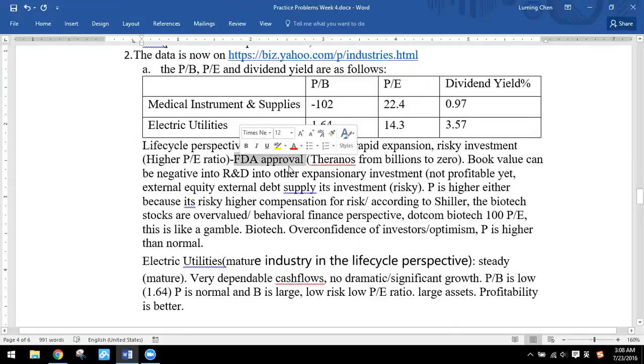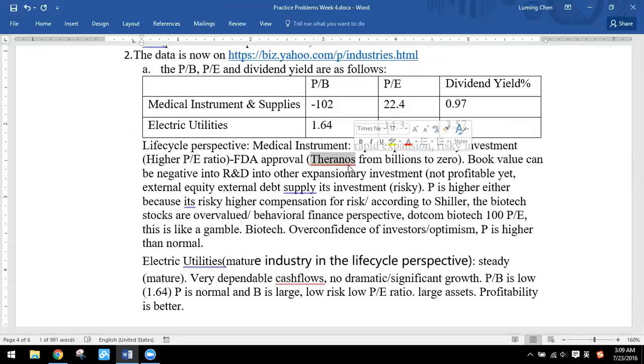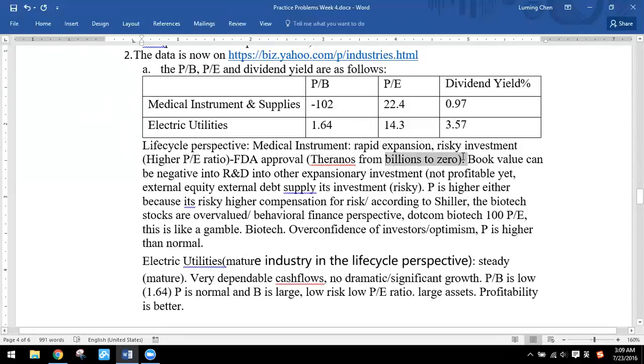For example, Theranos, which should have been a promising company in blood testing, but later it was proven to be a fake. So the valuation of Theranos dropped from billions to zero now.